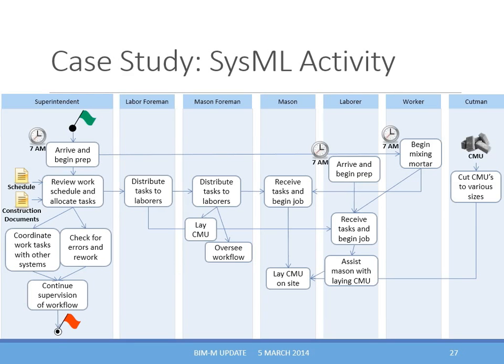And if you start with the green flag for the start node, you see that there are a lot of start times, telling you when certain members of the group are starting their job that day. Also, you can see that there are schedule and construction document inputs for certain work tasks. And if you follow the arrows around, you can see that there's a very big interconnected system here where all the individual players are performing this one unique task.